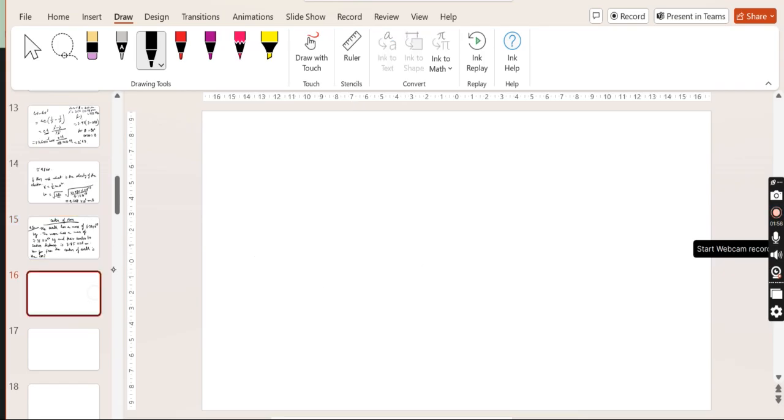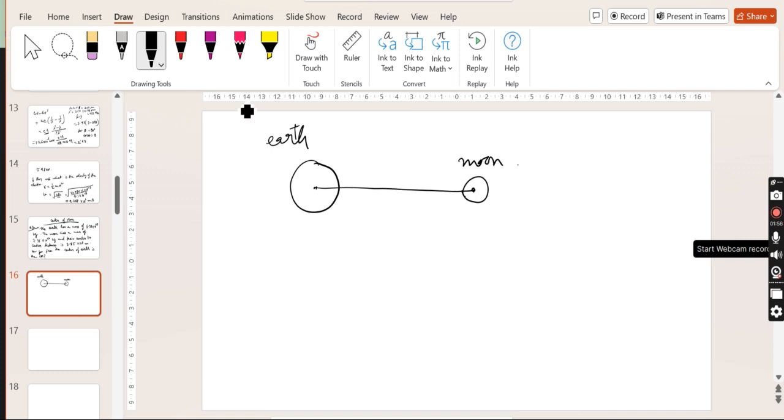That is Earth, that is Moon. So we have to calculate the center of mass from the Earth distance.